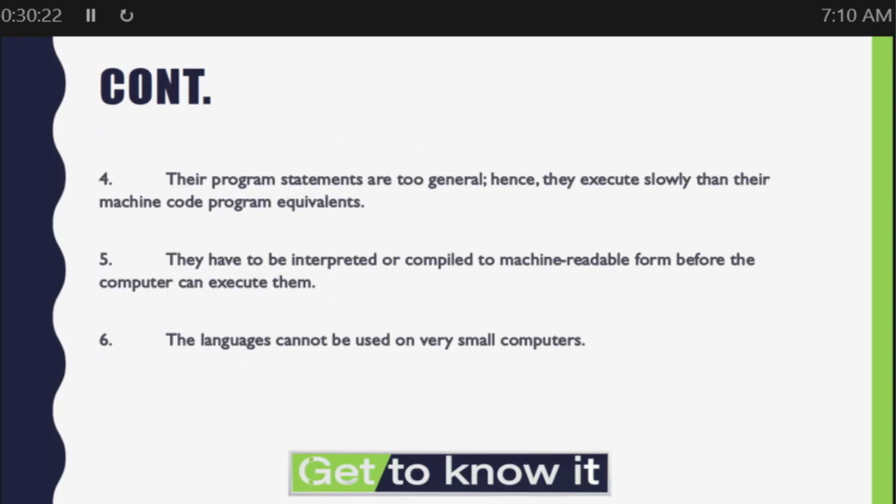Another disadvantage is that the program's statements are too general. The program statements are too general, hence they execute more slowly than the machine code program equivalents. So you find that with low-level languages, the program statements are specific. But unlike that, high-level language program statements are too general, and for that they take very long to be executed to their machine code equivalents.